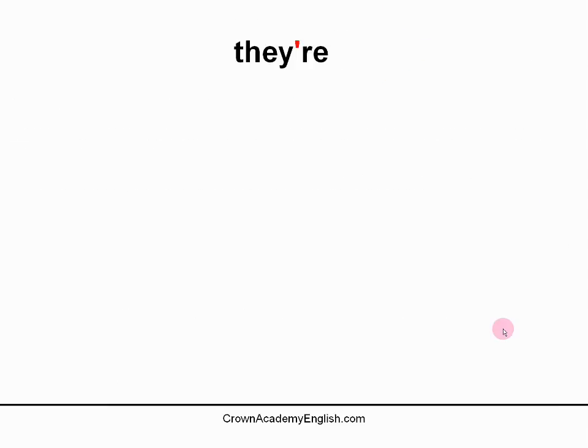They're. So what is this red dot or red line at the top between the letter Y and the letter R? Well, this is a punctuation mark, and it is called an apostrophe.